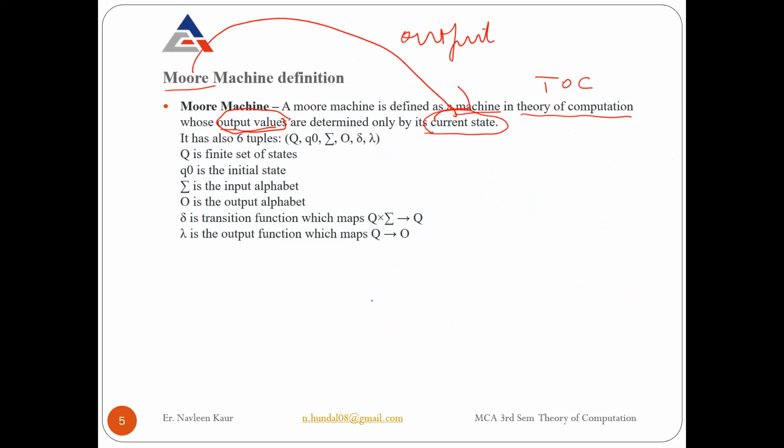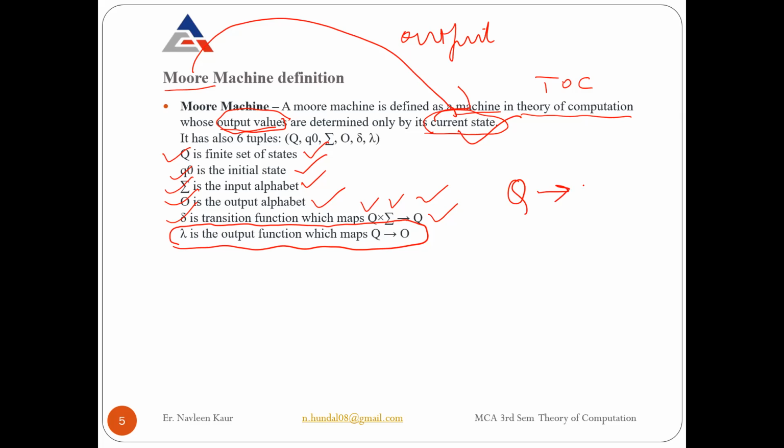Okay. On the other side, the Moore machine again has these 6 tuples. Out of these, the number of states is the same, this is the initial state, this is the input alphabet, and this is the output alphabet. The transition function is also the same because your next state is a function of current state and input. The only difference between Mealy and Moore is here, the output function. In the Moore machine, the output depends only on the current state. Can you see here when I'm writing this?